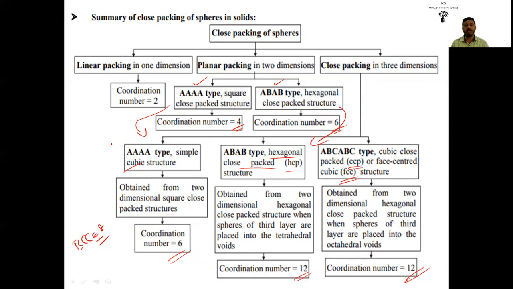If you consider one dimension, the coordination number is 2. If you consider two dimension, in square close packing structure the coordination number is 4, and in hexagonal close packing structure it is 6. In case of three dimension, AAA type has coordination number 6, BCC has coordination number 8, and the remaining, hexagonal close packing structure, cubic close packing structure, as well as face-centered cubic lattice structure, have coordination number 12.